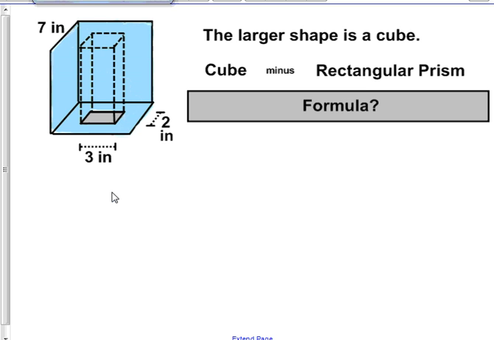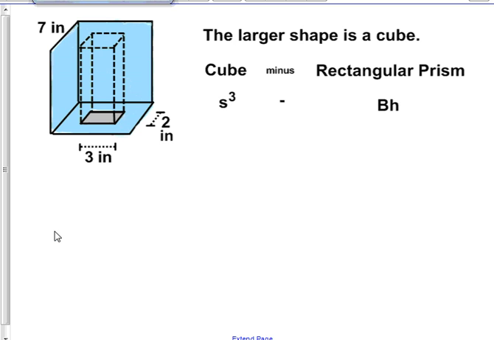And then rectangular prism, once again, is area of the base times the height of the prism. So apply the measurements from the figure into those formulas, get a volume, and bring that with you to class.